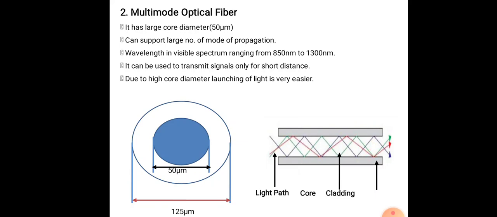And the wavelength of this type of fiber, in the visible spectrum, ranges from 850 nanometer to 1300 nanometer. And this type of fiber can be used to transmit signals only for short distance.